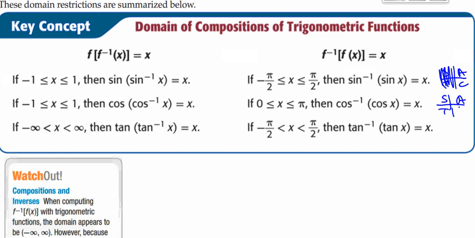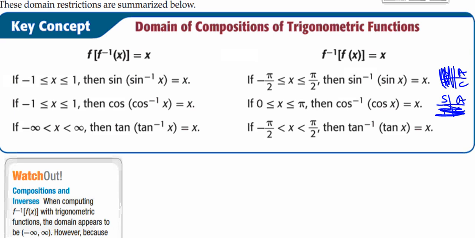All students take calculus. There, for the inverse cosine, we use from 0 to pi. So if that angle is between 0 and pi, then the inverse cosine of the cosine of that angle, we just get that same number, as long as it's in the interval for the inverse.